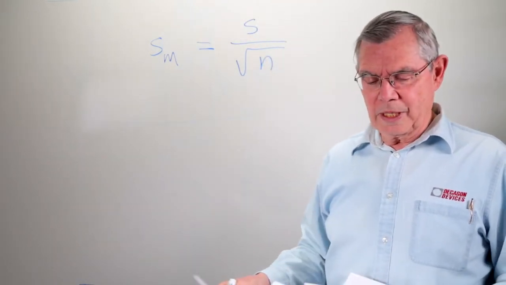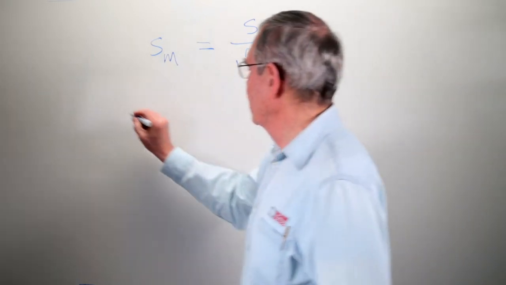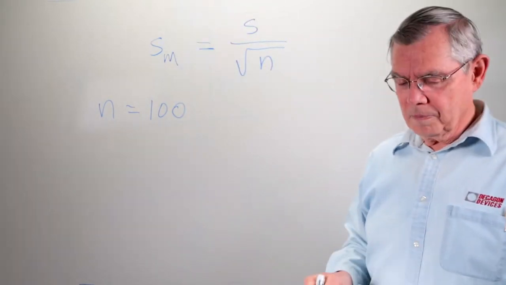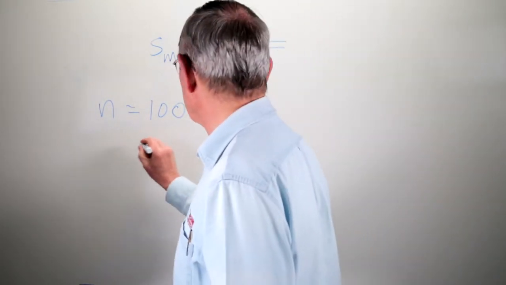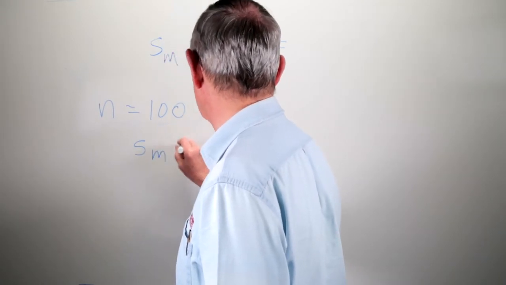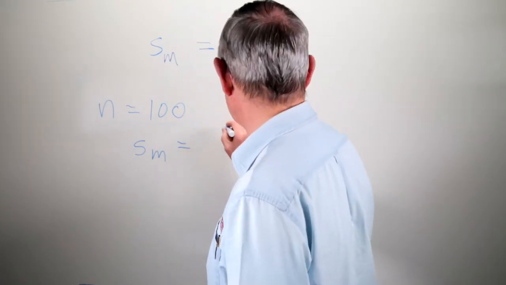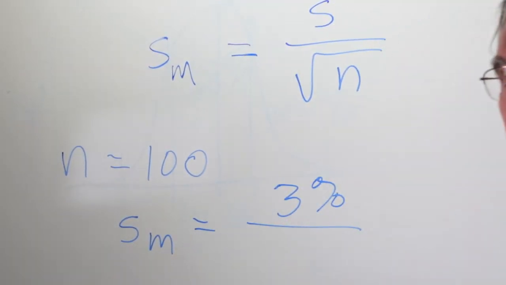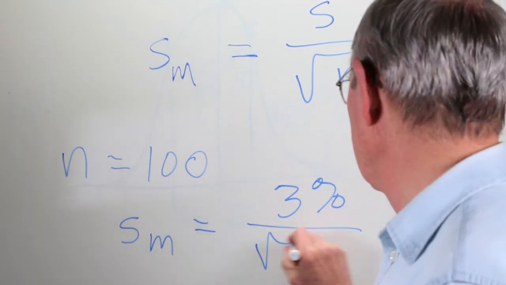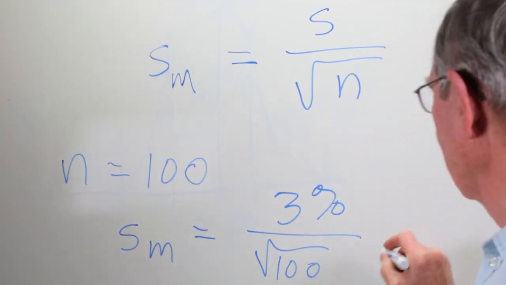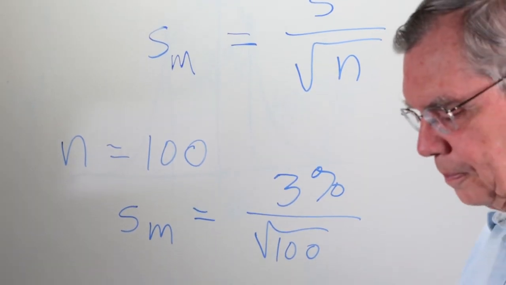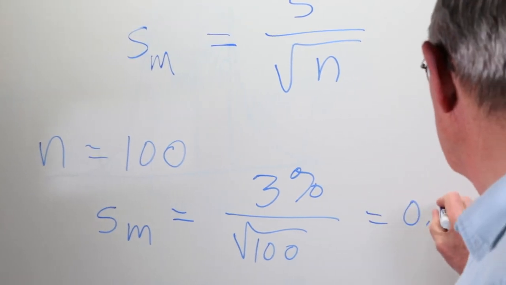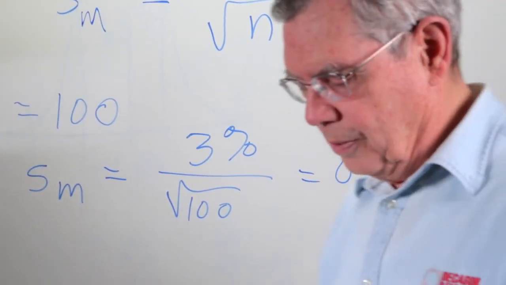And so let's say that we went out in the field and we took 100 samples. Then the standard deviation of the mean would be our standard deviation that we assumed before, divided by the square root of 100. And the square root of 100, of course, is 10, and so that would be 0.3%.